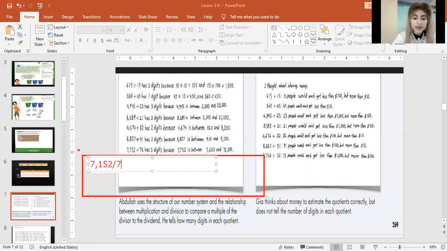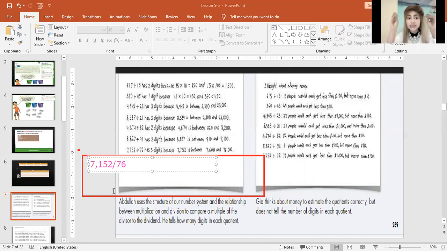I don't want the exact answer, I want to think. It is 7,152 and that's 76. So we have a 4-digit number and a 2-digit number. So the answer is going to be between these two numbers. So I want to know if it is 2 or 3 digits.